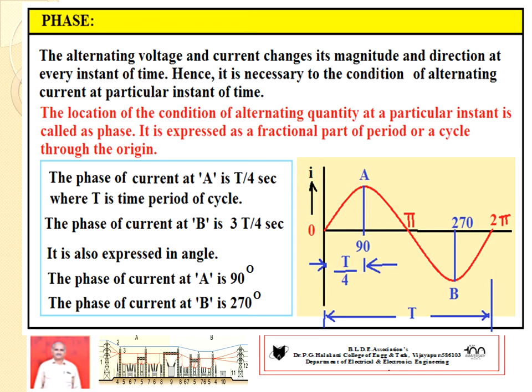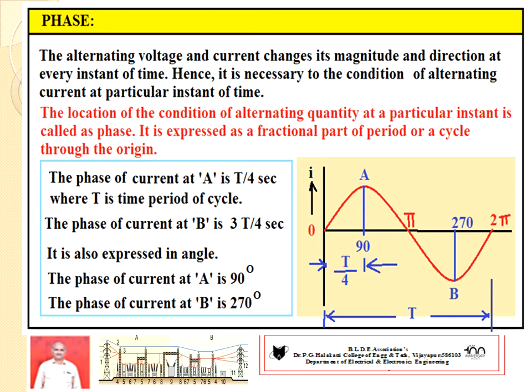It is expressed as a fractional part of the period or cycle from the origin. For example, consider a sinusoidal varying alternating current of one cycle as shown. Let T be the time period for one cycle, or in angle 0 to 2π radians or 0 to 360 degrees.